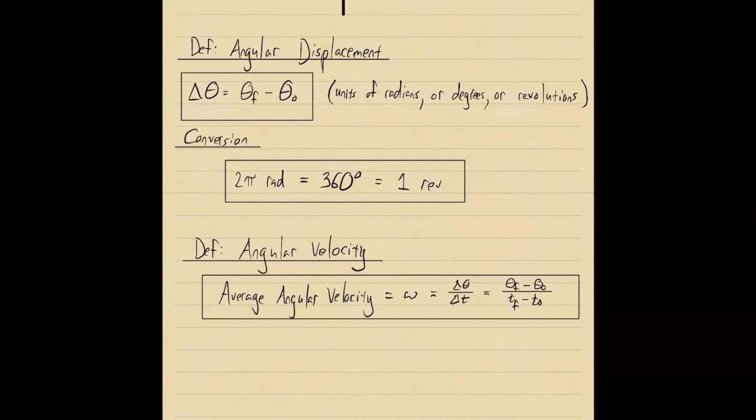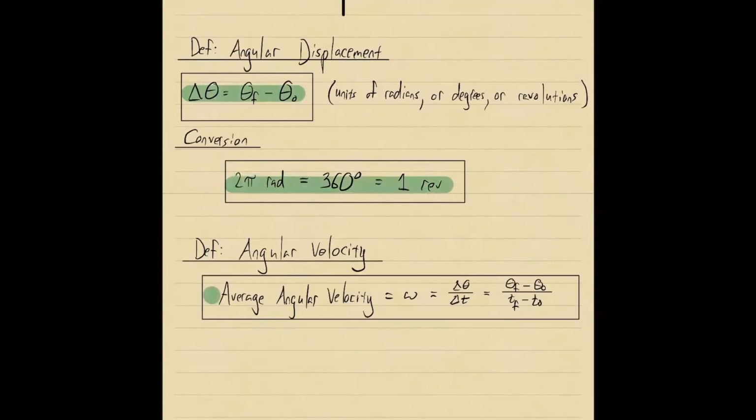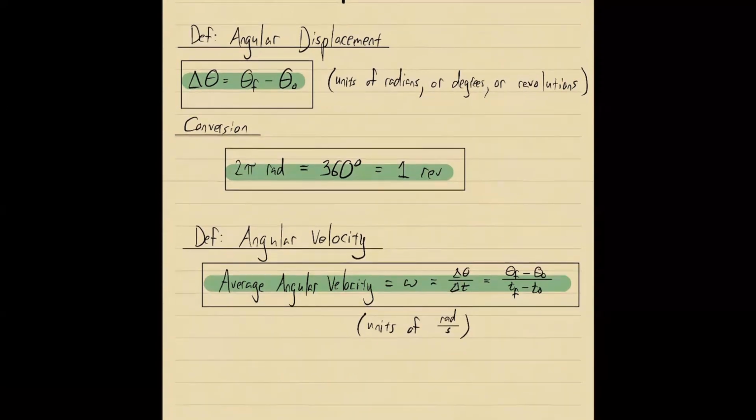There's our average angular velocity. This is going to have units of radians per second. Much like we saw in lecture 2, we're usually going to start our watches at time t equals 0, so for this delta t we just include the final time, because our initial time is 0 seconds.